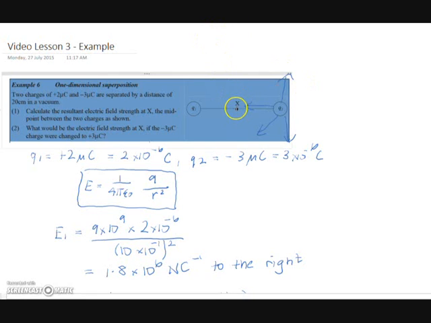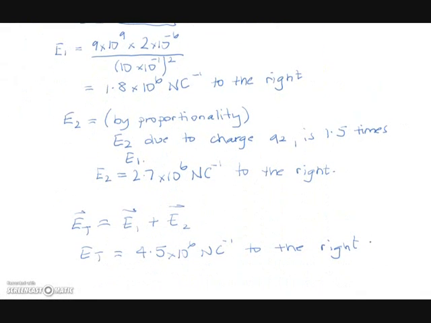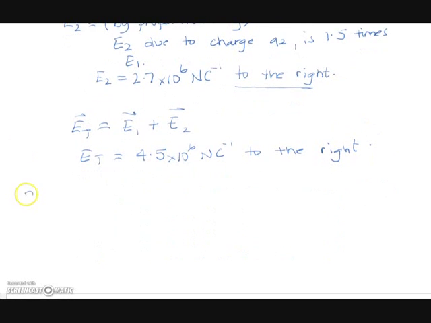If we're standing at point X, because we imagine this to be positive, we're going to move in the direction of the field lines, which means we'd be going to the left in this circumstance rather than to the right like we were before. So E2, instead of being to the right, would now be to the left.